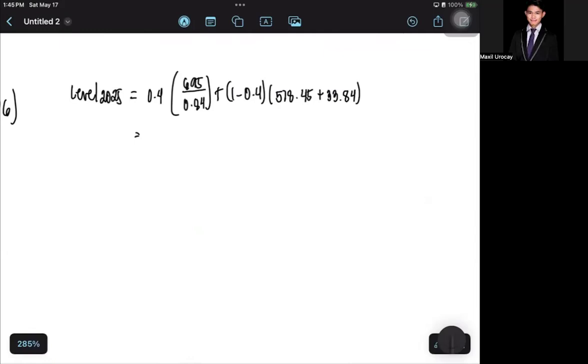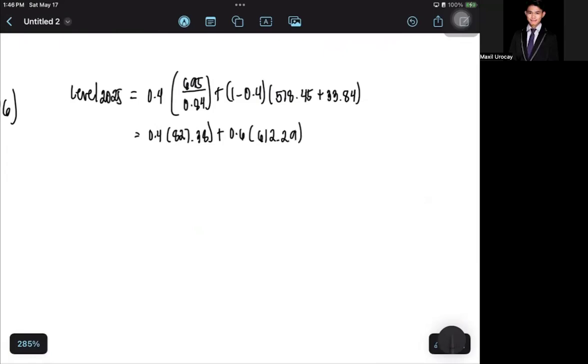It will equate to 0.4 times 827.38. And then plus 0.6 times 578.45 plus the 33.84, that will equate to 612.29.